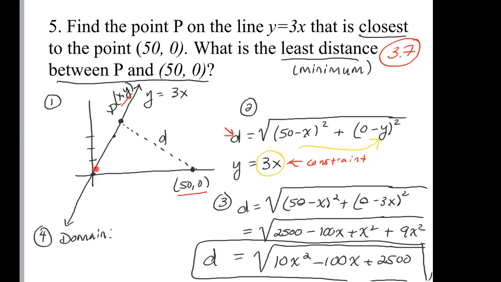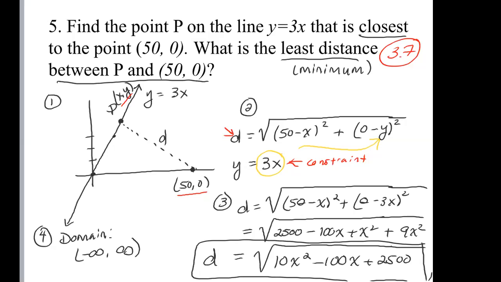Well, x could be any positive real number. x could be any negative real number, because this line has a domain of all real numbers. I can use technically any point that I want for the x coordinate of P. So this actually has a domain of all real numbers, negative infinity to infinity.